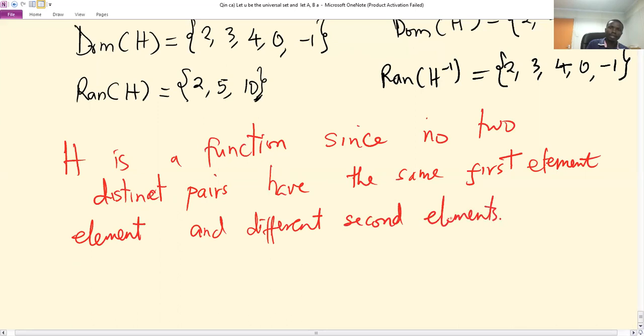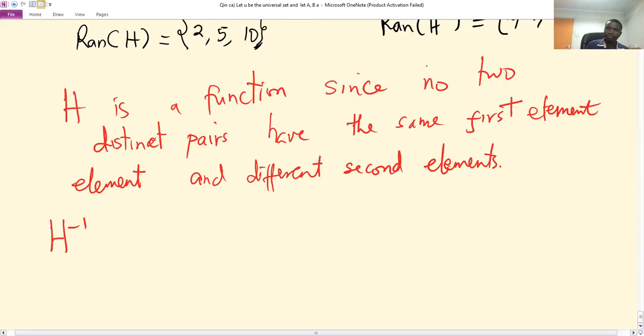So that's why we are saying that H is a function, but H inverse is not a function.